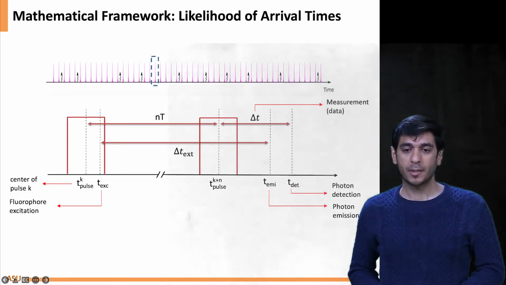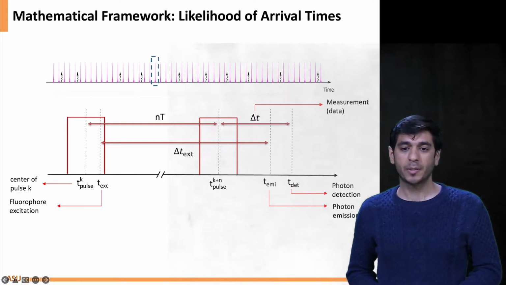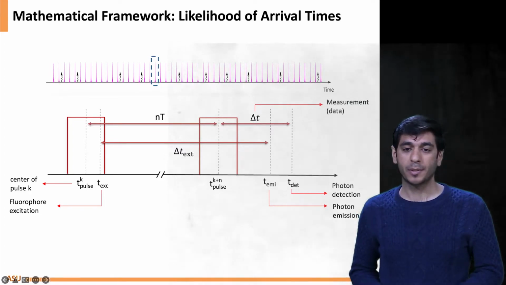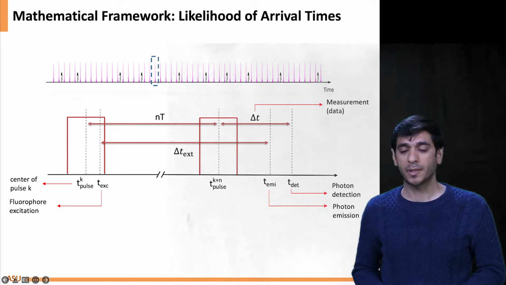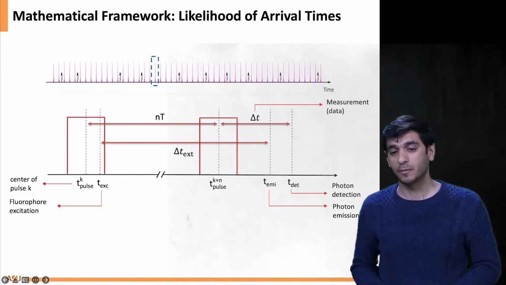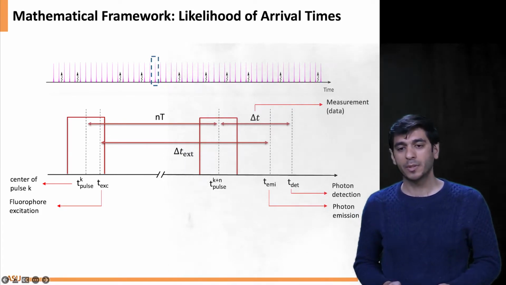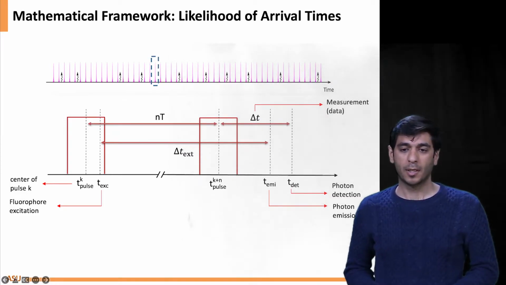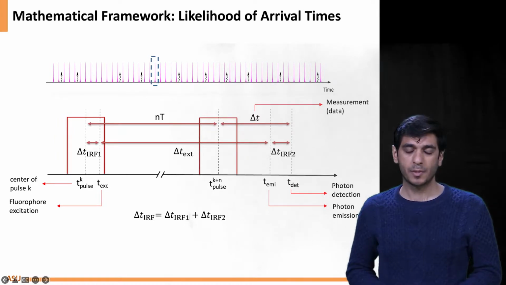The time that the fluorophore spent in the excited state is shown here by delta excitation, which is the period from when the photon gets excited until the fluorophore emits a photon and goes back to the ground state. There are also two other times.